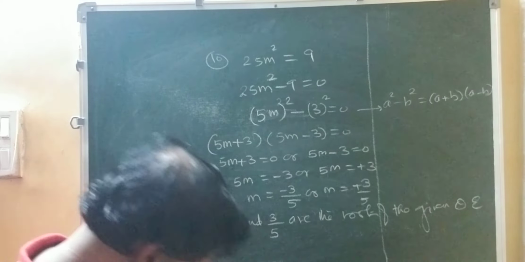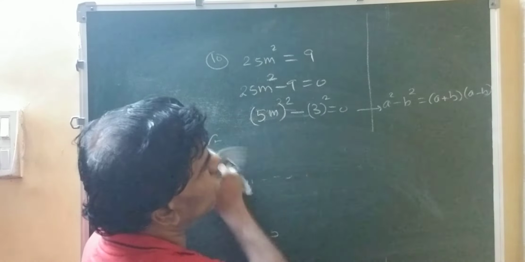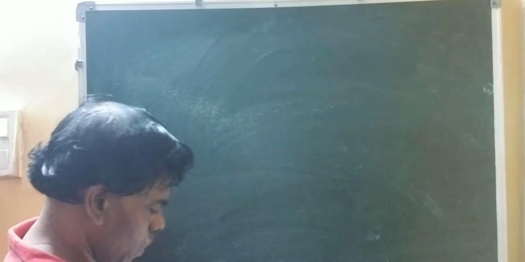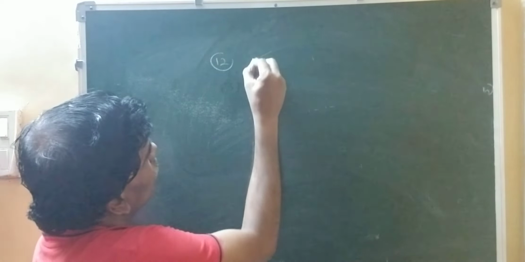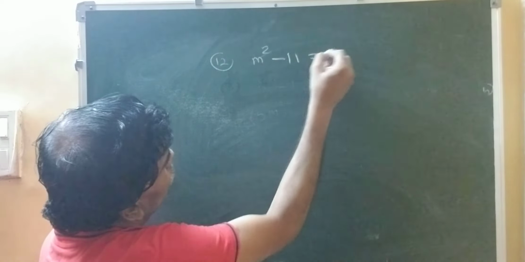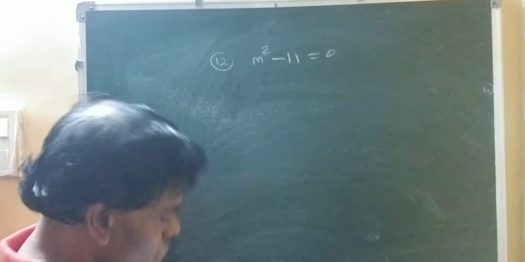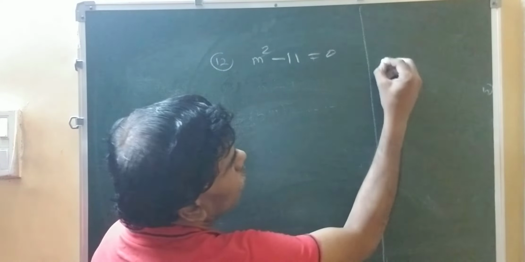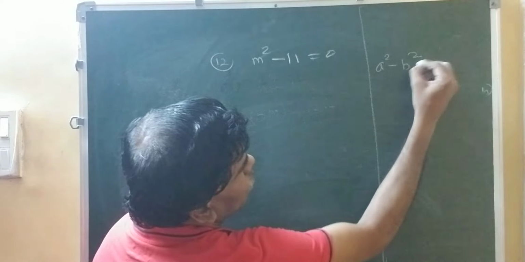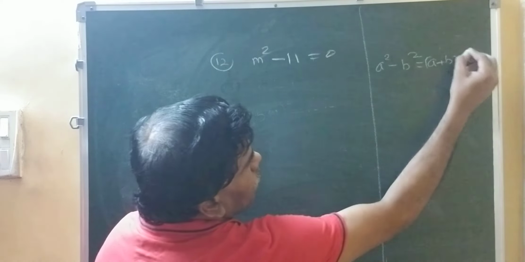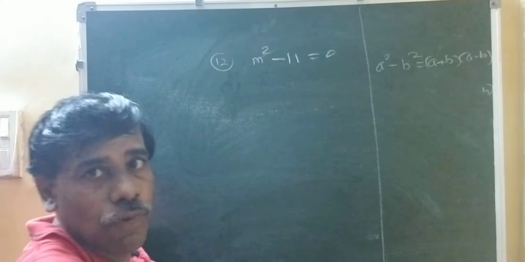Okay, one more sum, then we will complete this exercise, then we will go to the another method. Right? Now, 12th one. m square minus 11 equal to 0. So, this also we will try to convert in this form, a square minus b square equal to a plus b into a minus b form.